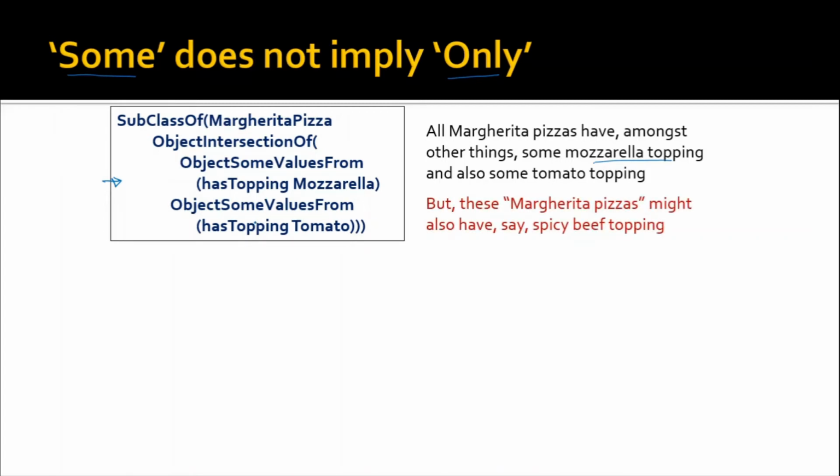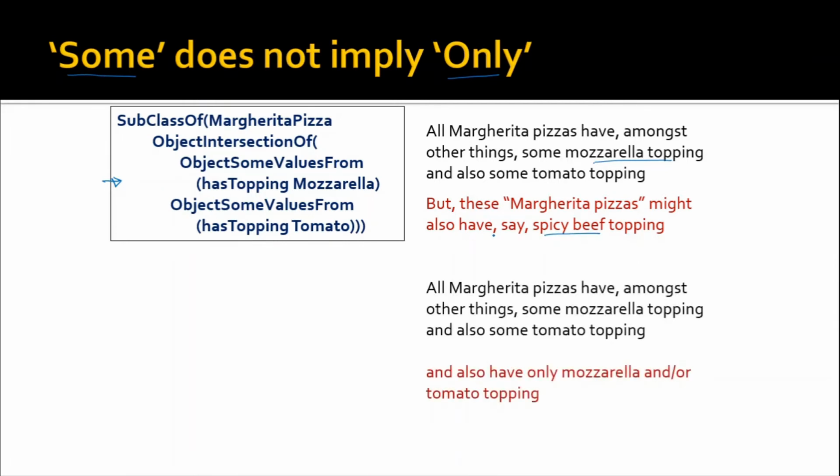So our revised specification: as you see, the margarita pizza might have other toppings like, say, spicy beef topping. But let us come up with a new requirement. The definition of margarita pizza that we had earlier, let that be as it is.